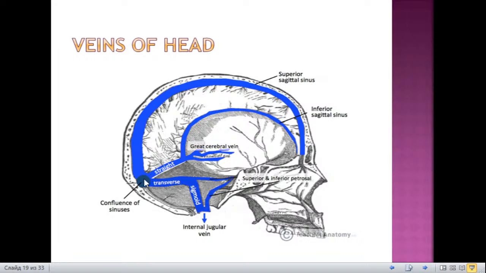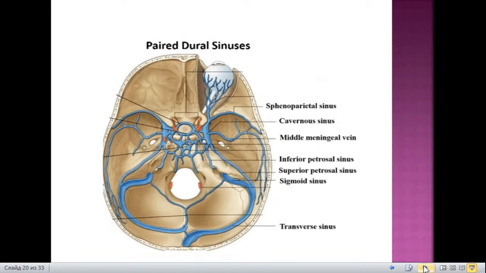But the straight sinus drains into the sinus's stalk. And after that, almost all of the blood from the sinus's stalk drains into the transverse sinus, which continues with the sigmoid sinus, and the sigmoid sinus drains into the internal jugular vein. So there were the sinuses of the roof of skull.